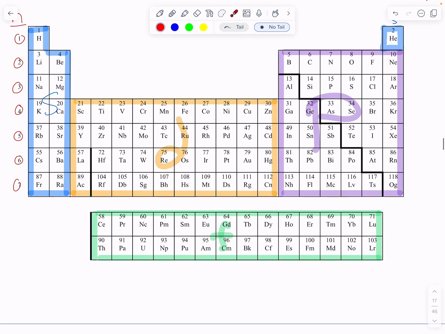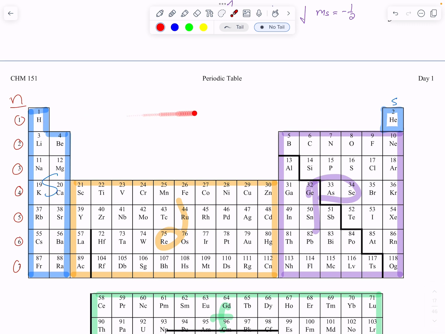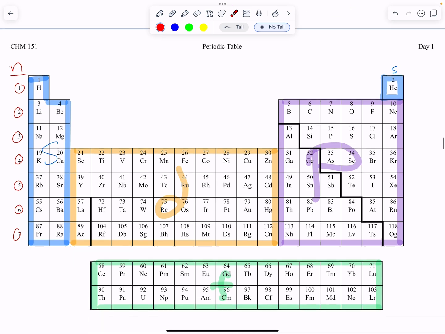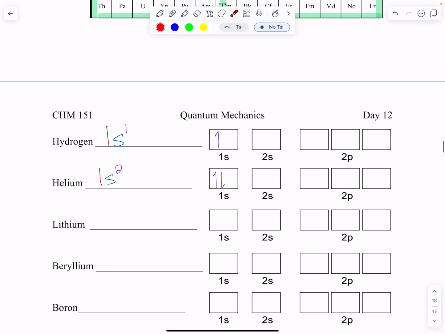All right, so lithium. Going back to lithium. Right here, 1s, 1, 2, and now we're in 2s1. And so we have 1s2, and then 2s1. Right? 3 electrons, right? So my total electrons is 3. Lithium should have 3.